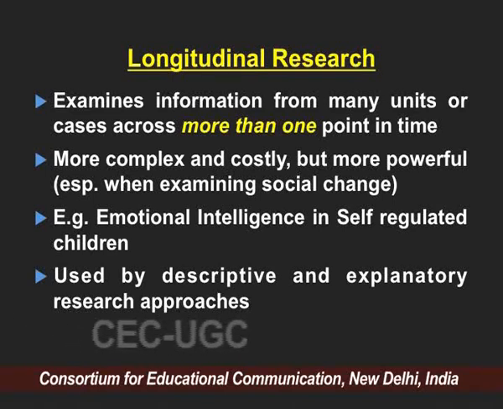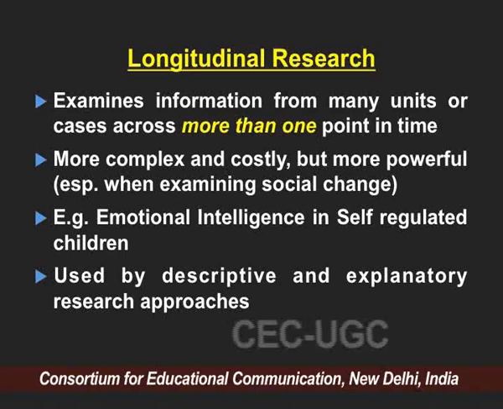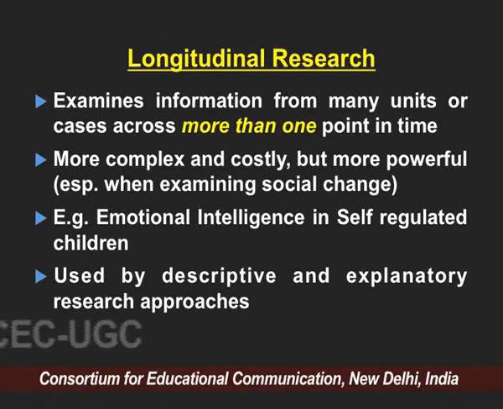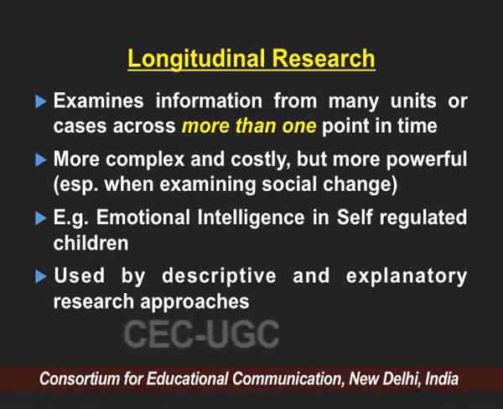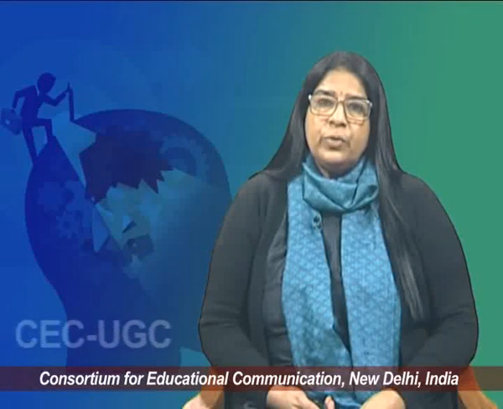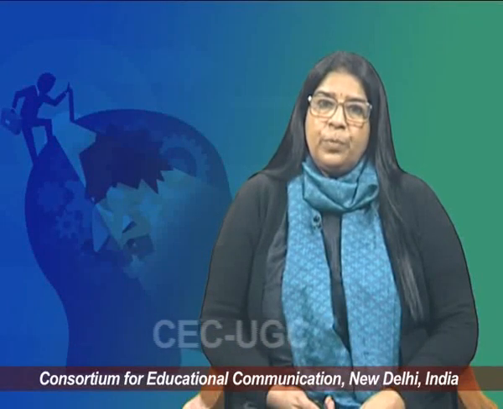We see that self-regulated children can be followed up till late adulthood to see how emotional intelligence is high or low in these children. It is used by descriptive and explanatory research approaches. So different individuals are studied at different points of time.